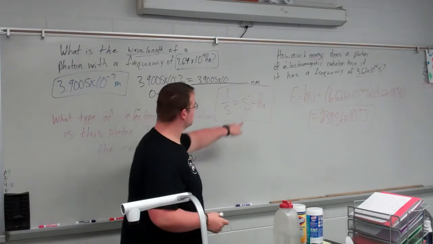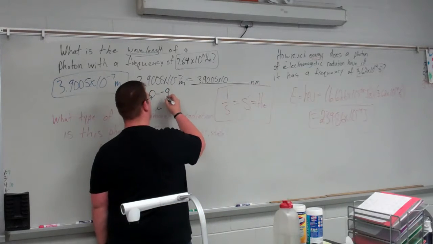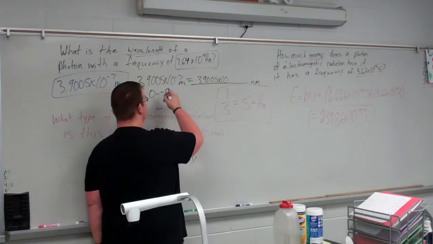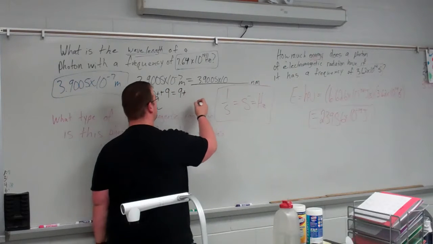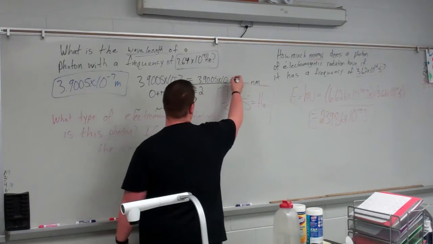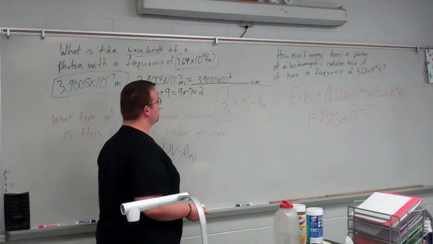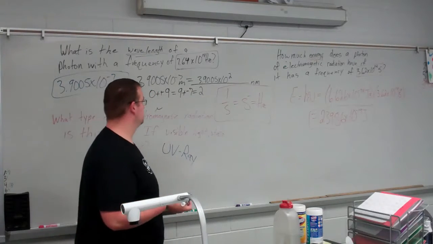Subtract the difference for nano. So minus a negative is the same as adding the positive. So 9, and then add what you originally started with, which gives me a positive 2. Oh, okay, I see. I'm just supposed to add 7.